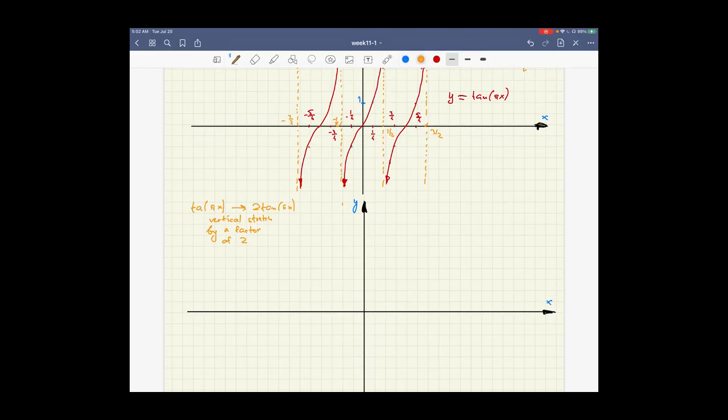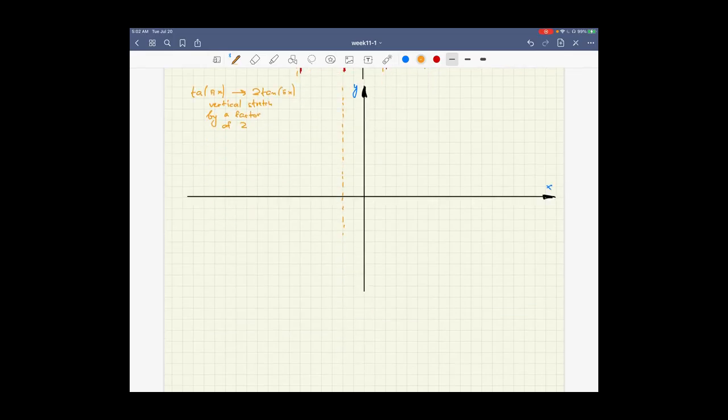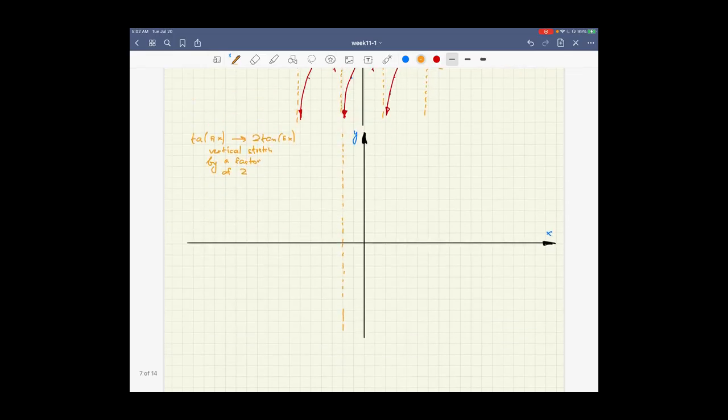Asymptotes are still where they were: negative 1/2, 1/2, negative 3/2 and 3/2.